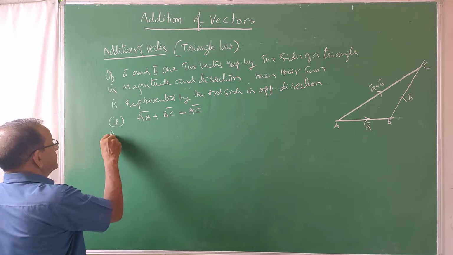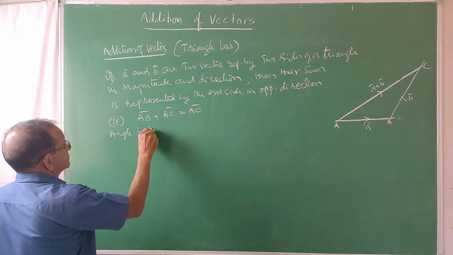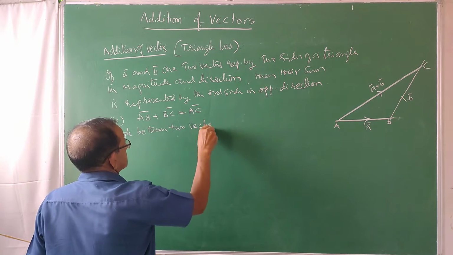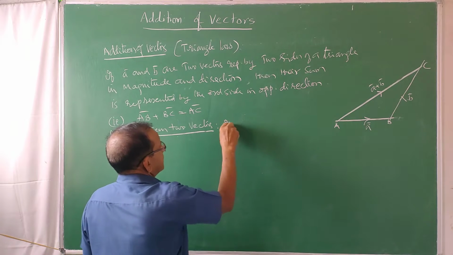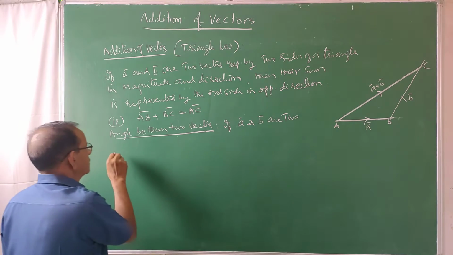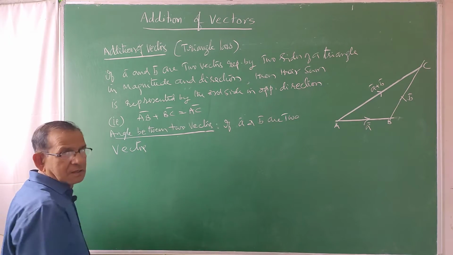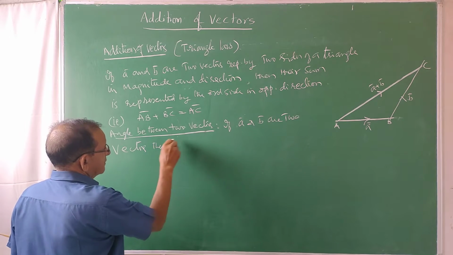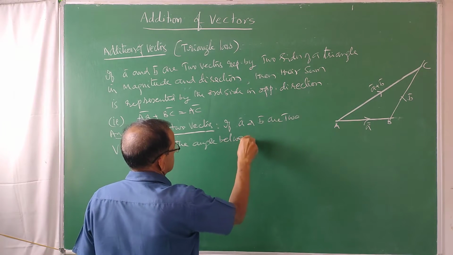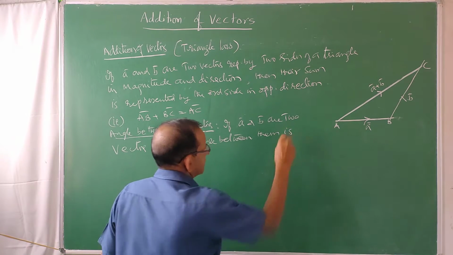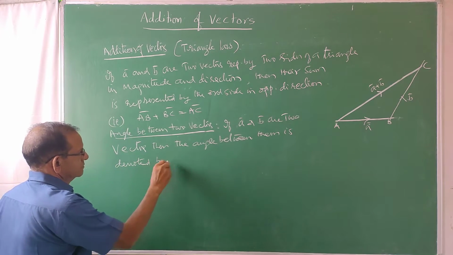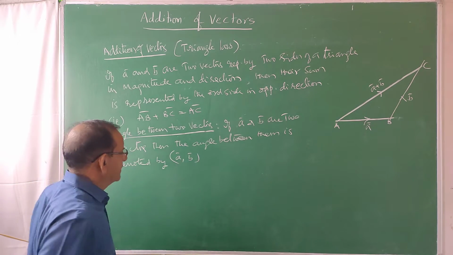Next part is angle between two vectors. If A bar and B bar are two vectors, then the angle between them is denoted by the bracket A bar comma B bar.